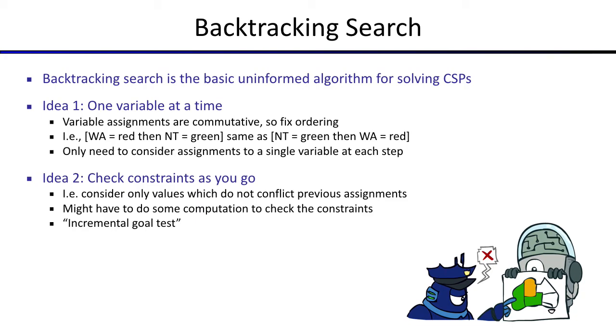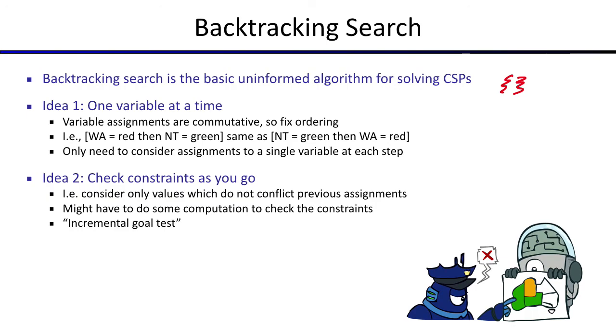And then the other idea is one variable at a time. This is a more subtle point, but remember when we had that search tree with the empty set here, and we could have said Western Australia equals red, Northern Territory equals green. We're going to make the possible successors a little bit smaller, where now, when we're at no assigned variables, we're going to pick one variable.